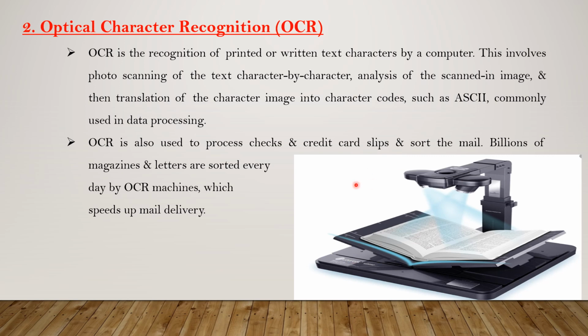Then analysis of the scanned image and translation of the character image into character codes such as ASCII code. ASCII is the American Standard Code for Information Interchange. It is used commonly in data processing.